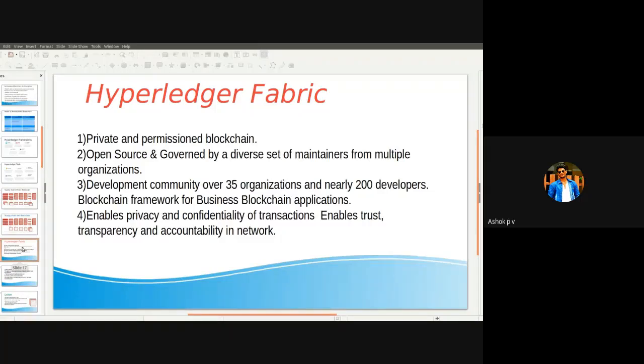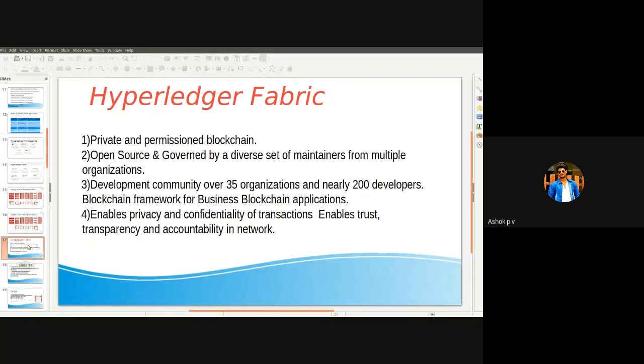So coming to Hyperledger Fabric now, we'll go through a bit of how it internally works, and the different things that it has, like channels, organizations, peers, orderers. These are the internal workings of the blockchain. But using the demo session, it's better to explain how it works from start to end.